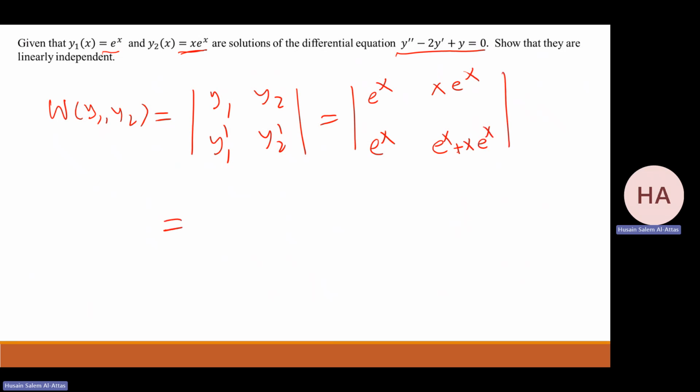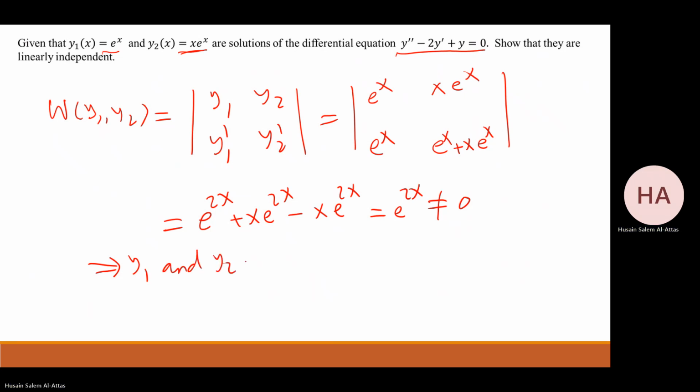Find the determinant: e to the power 2x plus x e to the power 2x minus x e to the power 2x. The answer is e to the power 2x, which is impossible to be 0. So for sure, y1 and y2 are linearly independent.